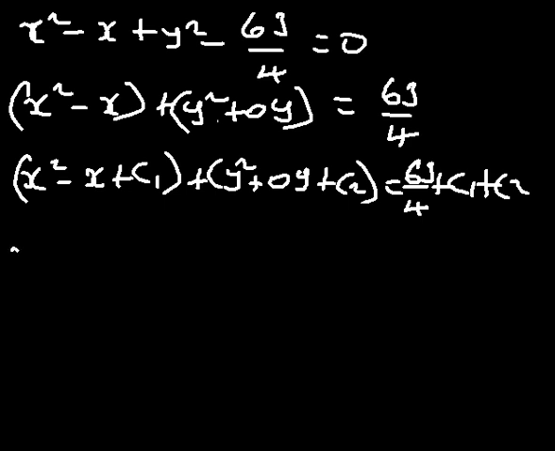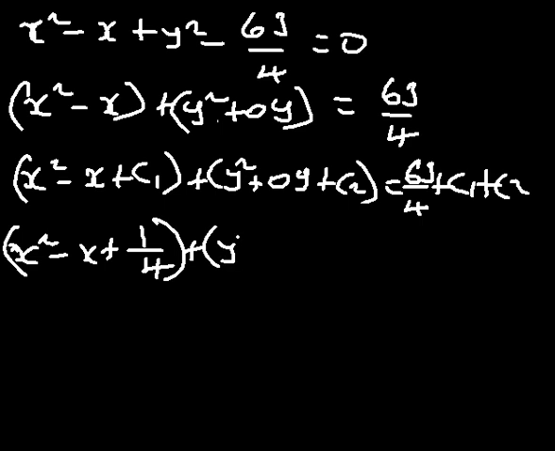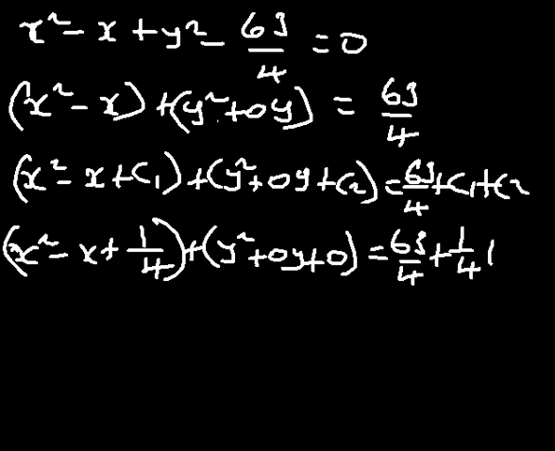So now we have x squared minus x plus 1 over 4, and plus y squared plus zy plus 0, which is equal to 63 over 4 plus 1 over 4 plus 0.